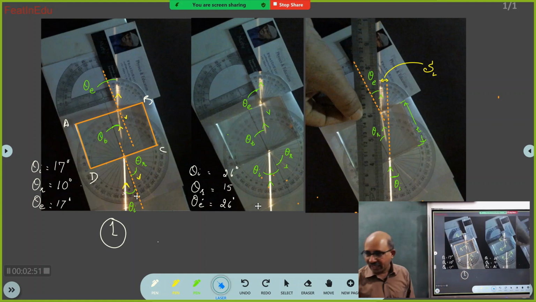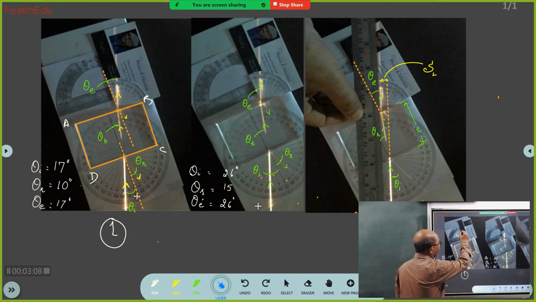I am using it as theta t, a different notation. Theta i is for angle of incidence. Theta r is for angle of reflection. Theta t is angle of refraction. And here the ray is emerging. Once again, I am drawing a normal here, and this angle becomes theta e, the angle of emergence. I hope everything is clear.